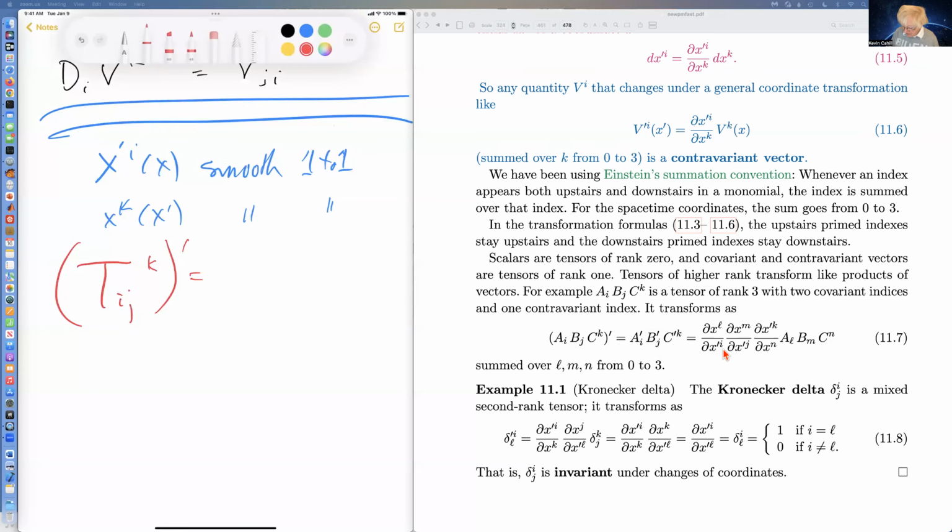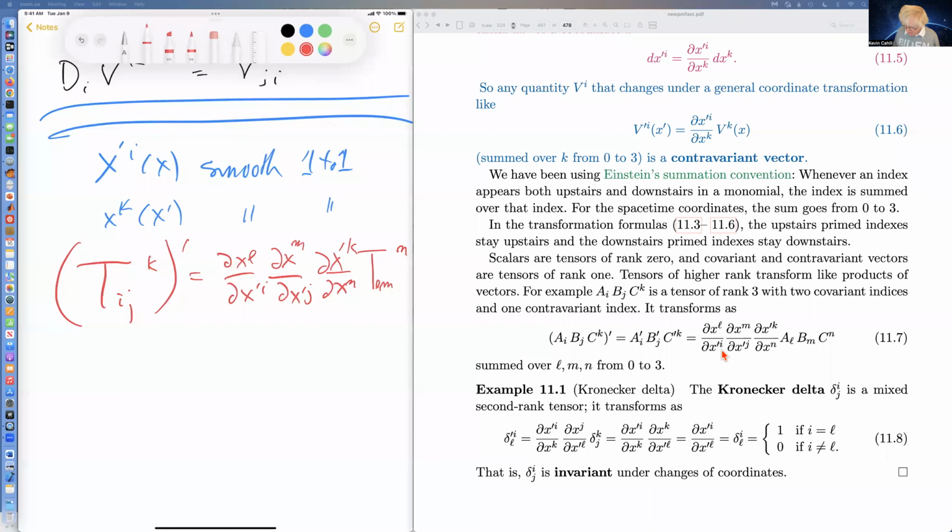In other words, it would be partial x^l over partial x prime i, partial x^m over partial x prime j, partial x prime k over partial x^n, times T, and instead of ijk, we have lmn. So it would look like that.